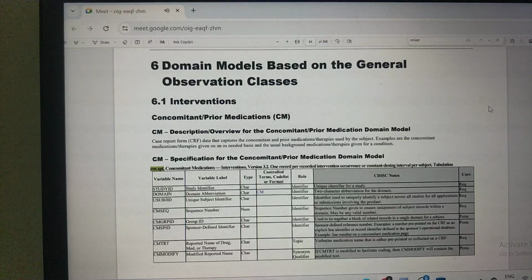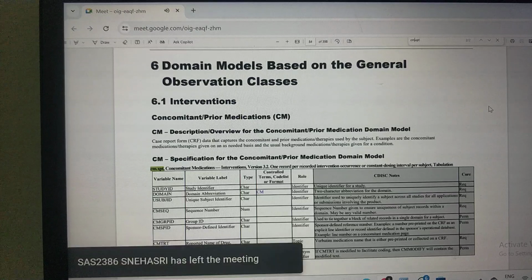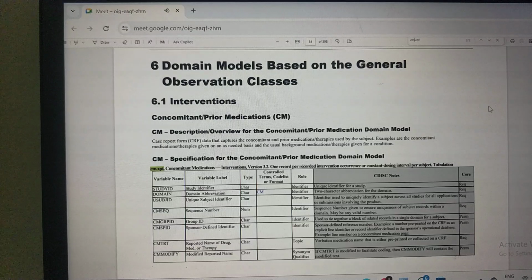So the concomitant medication falls under which SDTM class? What is the classification of this? Interventions. Okay, interventions is nothing but something given to the subject, mostly the drug related domains. What all are the domains we have in interventions?